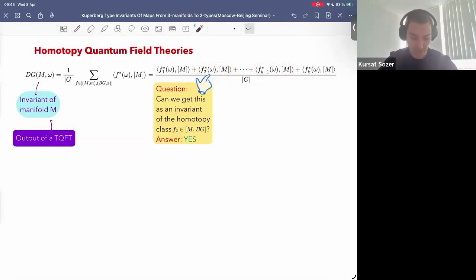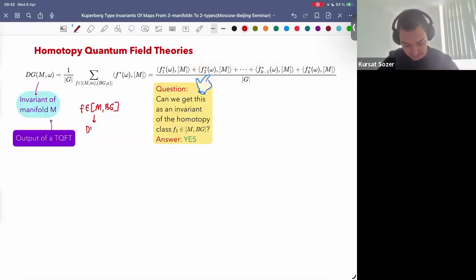TQFT produces an invariant of the manifold, but for each homotopy class of maps M to BG, can we associate an invariant like digraphic, for example, digraphic G, M, omega? Can one get an invariant of this homotopy class, not only of the manifold, but also of the homotopy class? And the answer is yes, and this is in fact the content of homotopy quantum field theories.